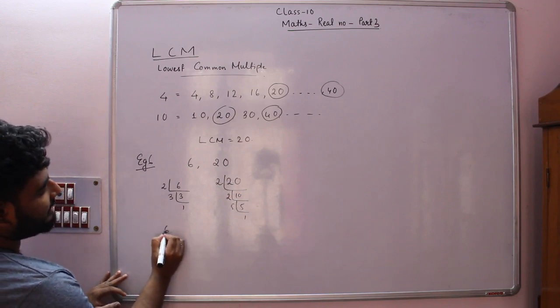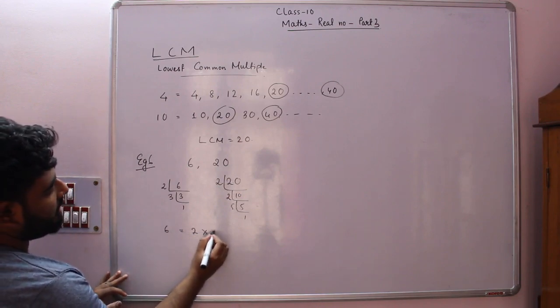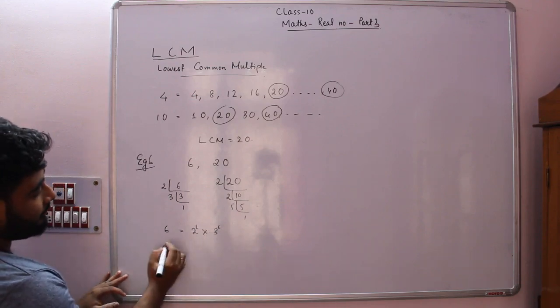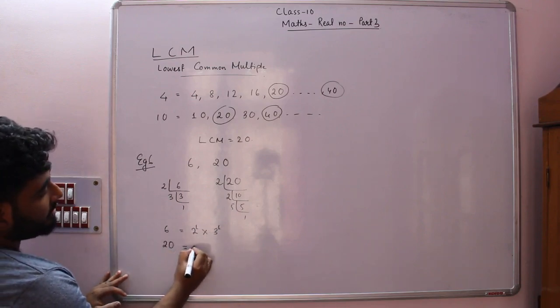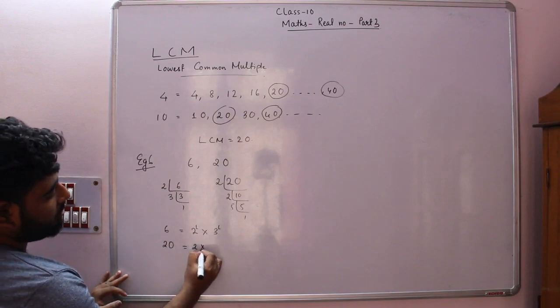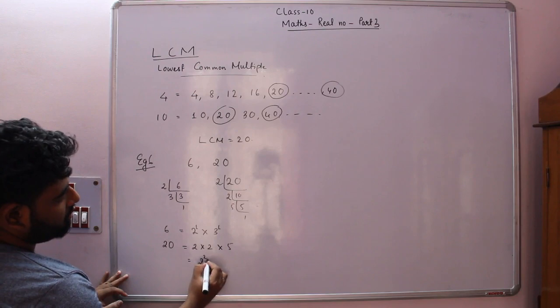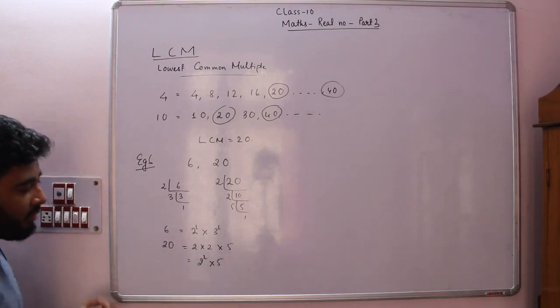Now 6 can be written as 2 power 1 into 3 power 1, and 20 can be written as 2 into 2 into 5, so that means 2 square into 5.